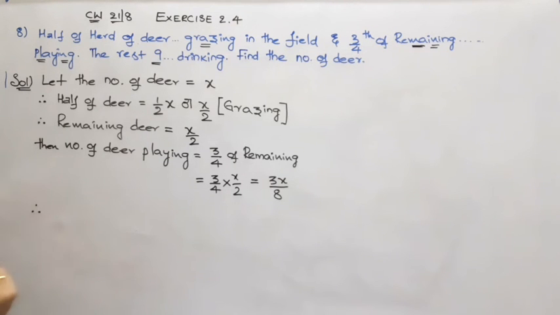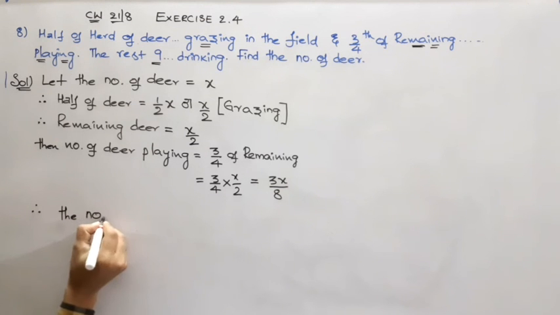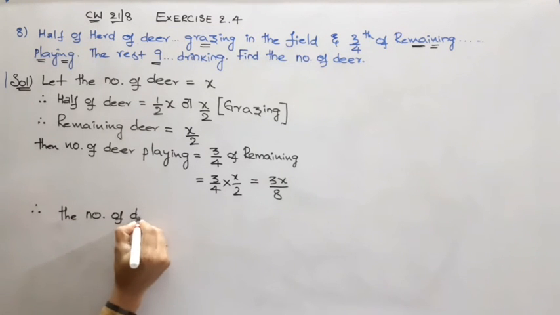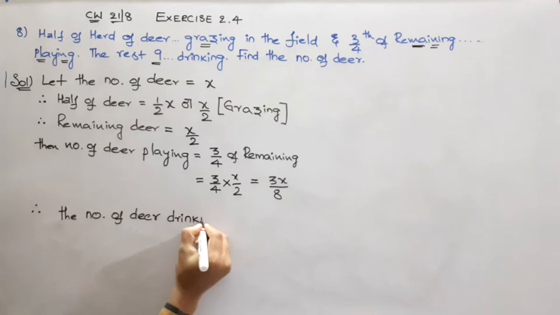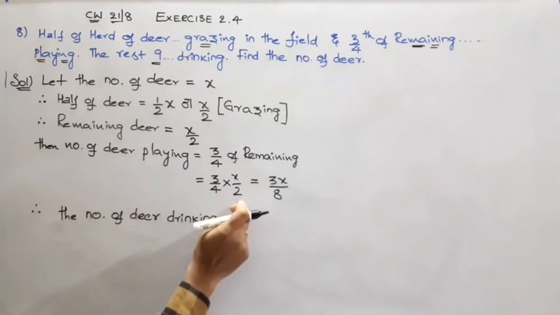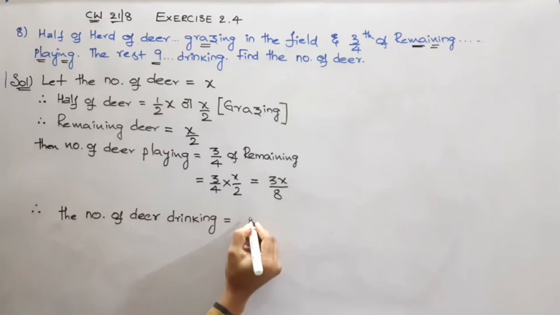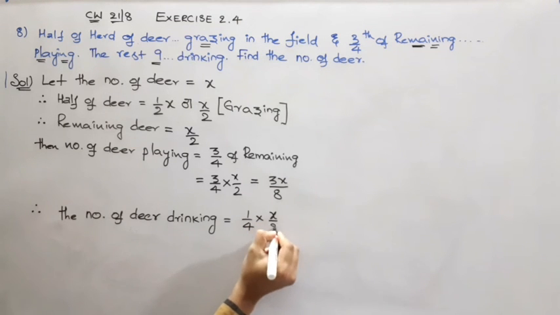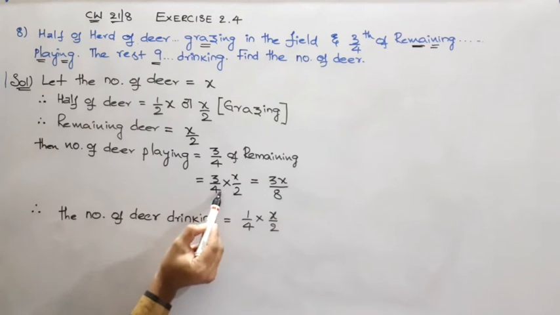Therefore, the number of deer drinking is equal to, look, in the x by 2 remaining, 3 by 4 are playing, so the leftover is 1 by 4 of x by 2. Look carefully. Remaining is x by 2. In it 3 by 4 are playing.